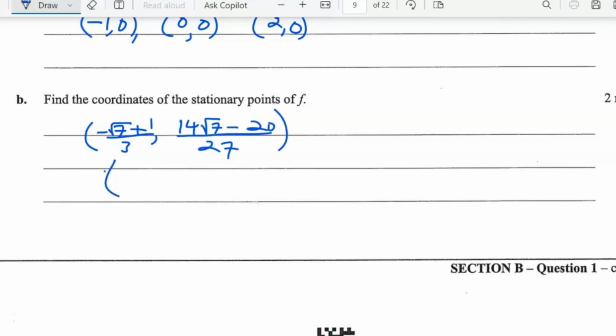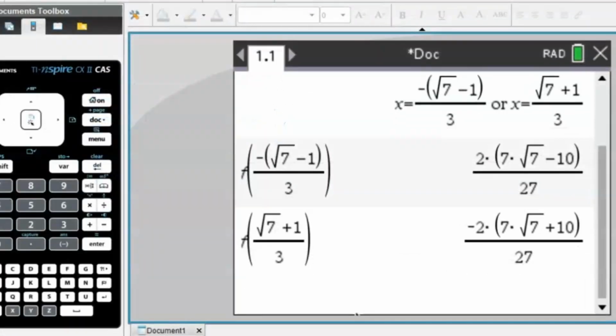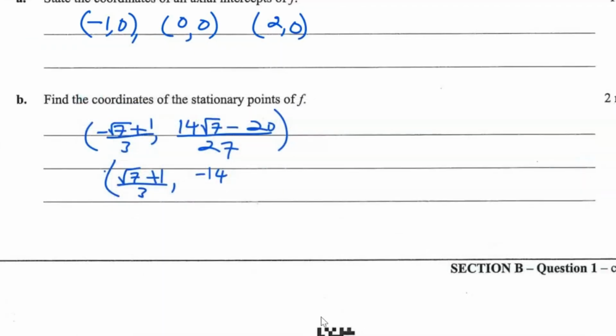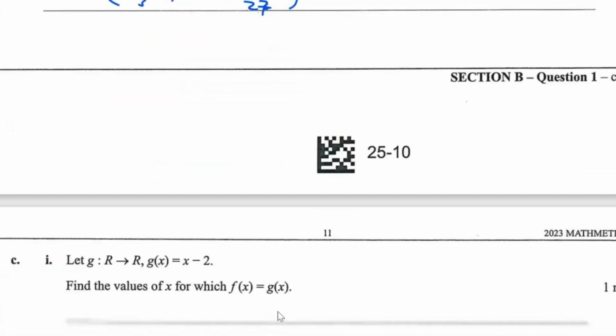Our other coordinate was the positive one. Yeah, that's right. Alright, that's done. So let's move on to the next part.